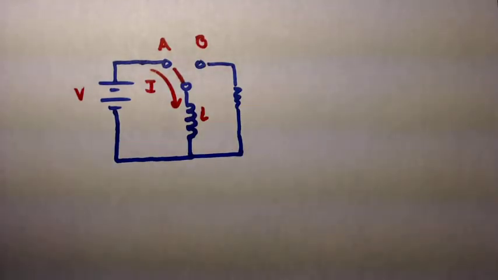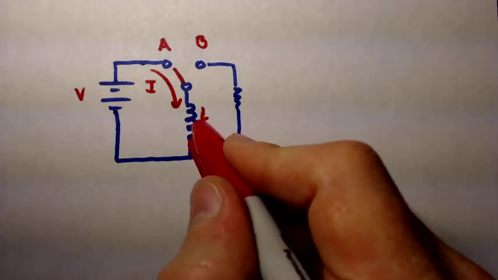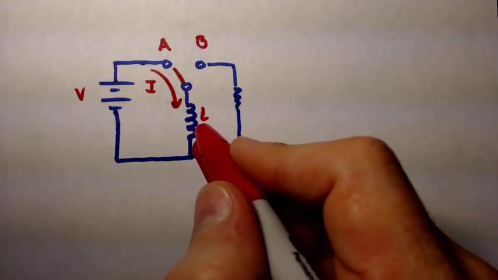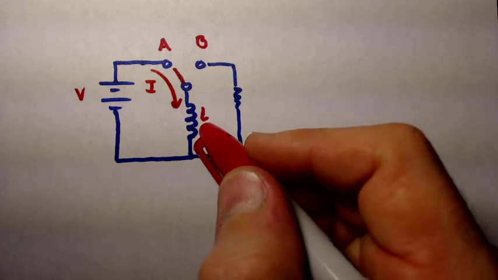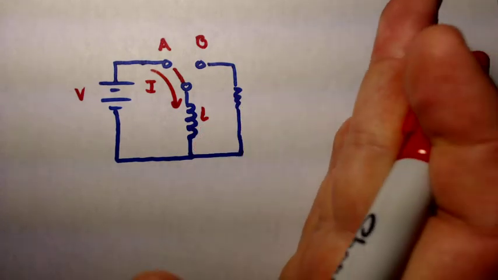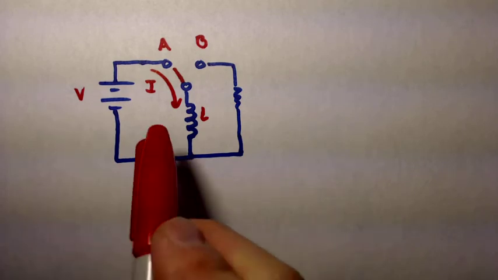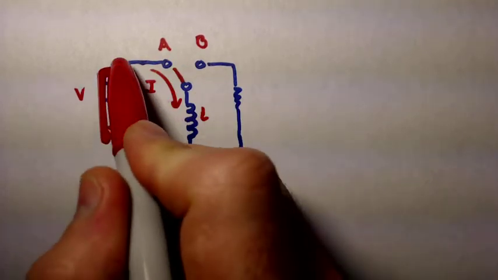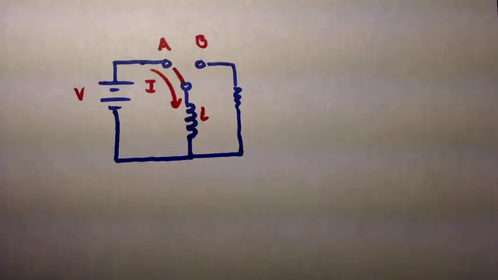Now, provided that I had no magnetic field already in this inductor, in other words, I have zero current flowing through it, and then I flip the switch over to A, I start to get current flowing into it. So I'm going from 0 to some amount of current. That's a change in current.